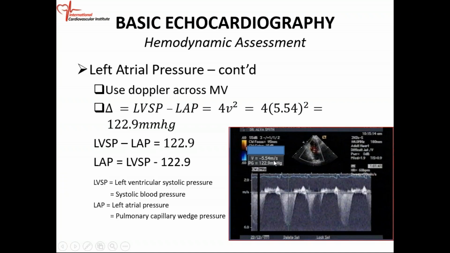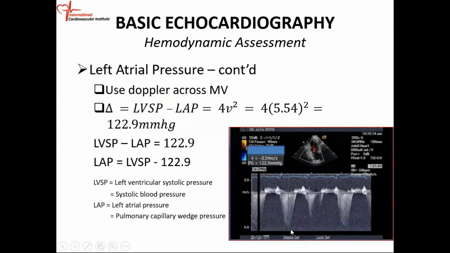You square it, you multiply by 4. So the gradient now is 122.9 millimeters mercury. Gradient is usually in millimeters mercury. So the difference between your LV systolic pressure and the left atrial pressure is the gradient, 4v squared.